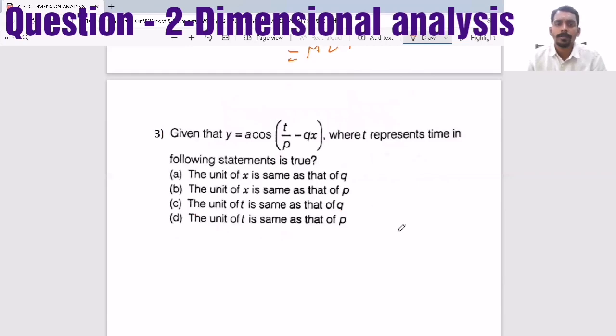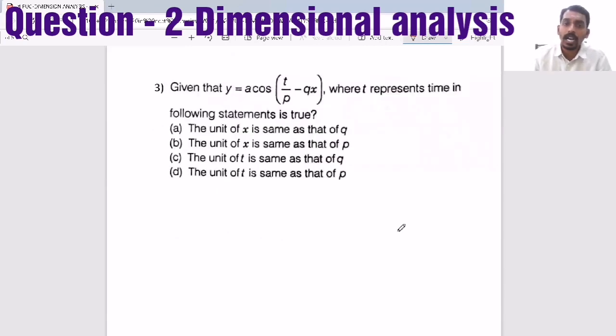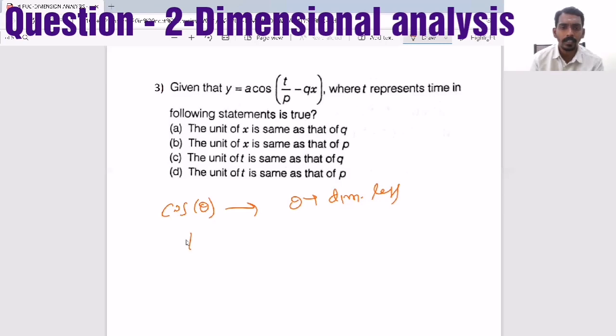Now let's see the third question. Given that y equal to a cos(t by p minus qx), where t represents time, which following statement is true? Like the unit of x is same as that of q, or x is same as that of p, or t is same as that of q, they are asking. Here, whenever cos of theta or sine of theta, trigonometric functions come, that theta is dimensionless. And here t by p minus qx should be dimensionless.